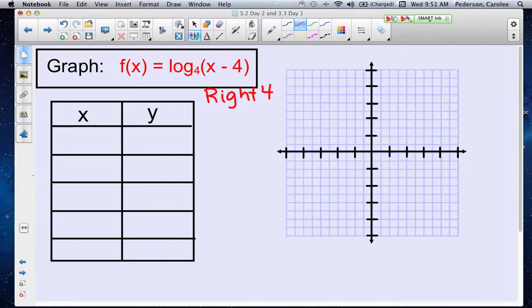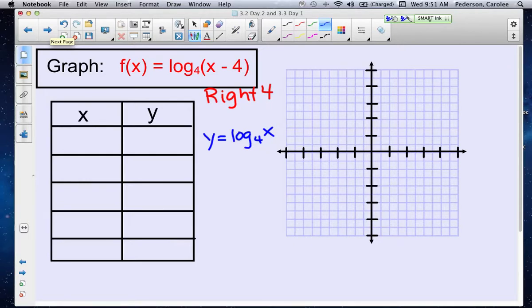So now that I know the parent function of y equals log base 4 of x, I could graph that function like I did on the previous slide, and then just shift everything right 4 units. And usually 2 points is probably enough.